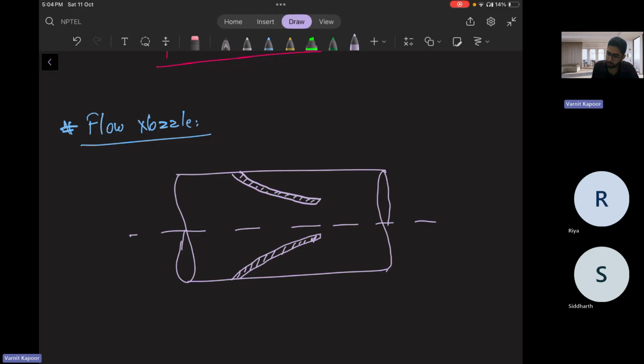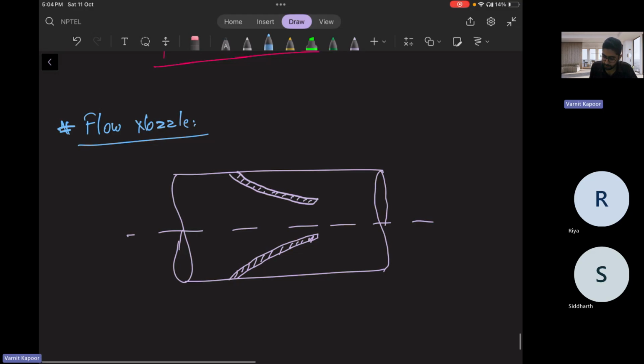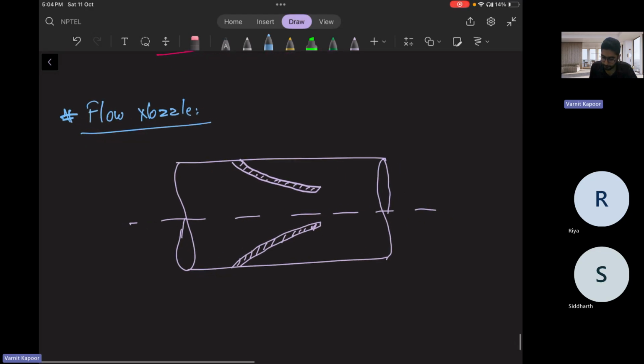It's forming a kind of nozzle inside the pipe. Okay. So flow is happening like this.